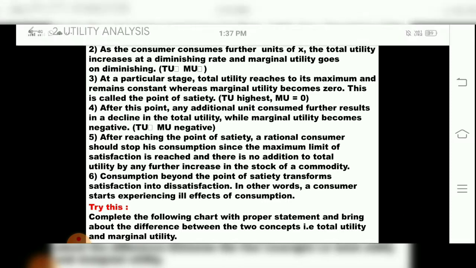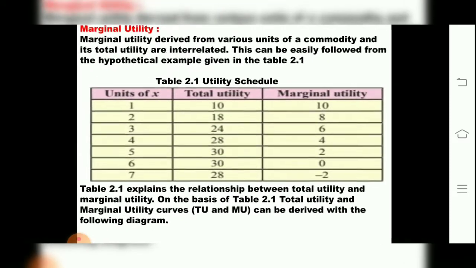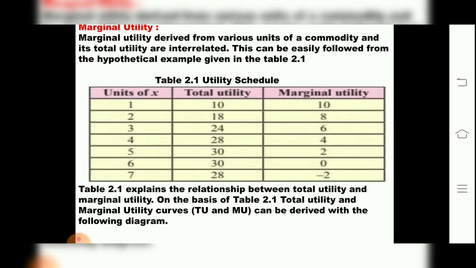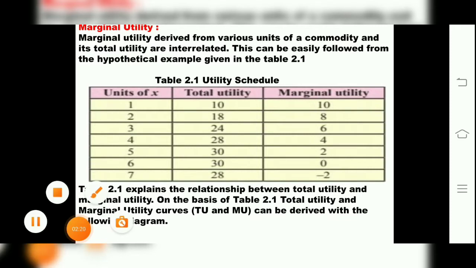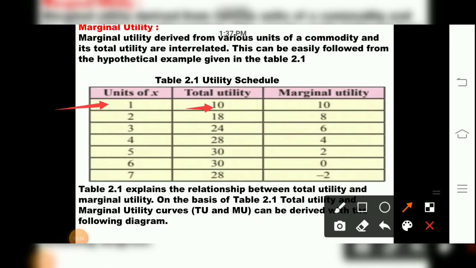I will take this to the further slide. See over here, children, at the first unit of commodity, total utility is 10 and marginal utility is 10. At the first unit, total utility is the same as marginal utility.